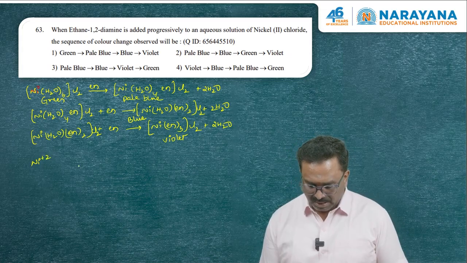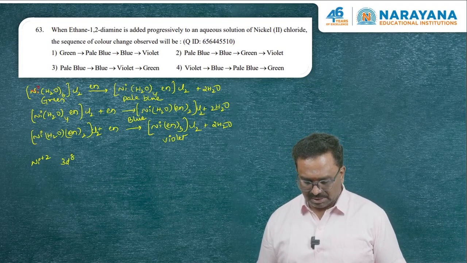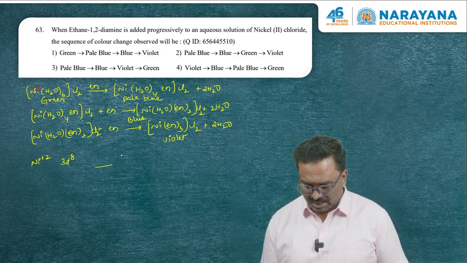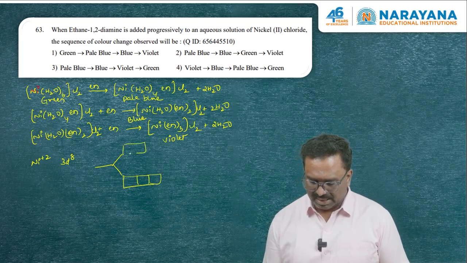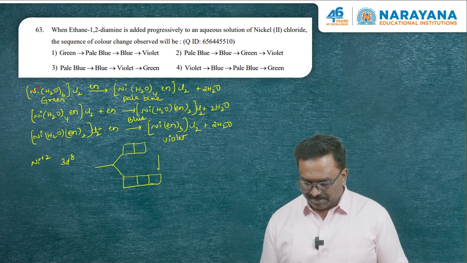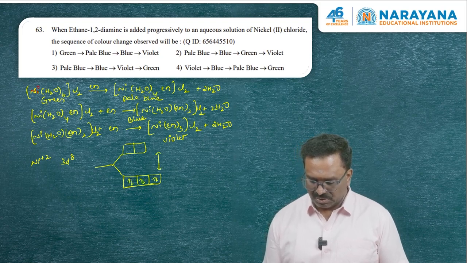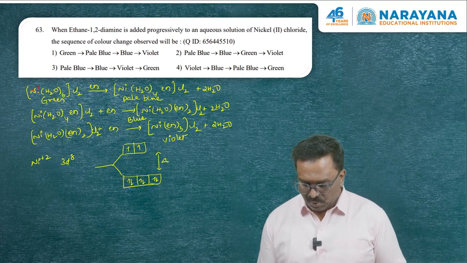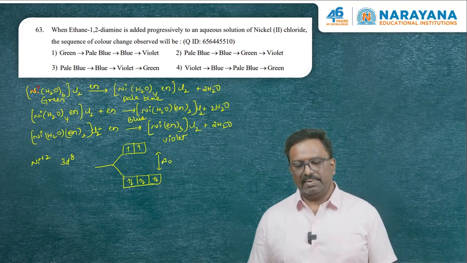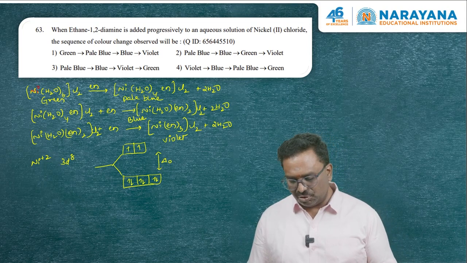The nickel which is with the 3d8 configuration in the +2 state. The splitting of this we can identify in octahedral geometry. The splitting energy for these 8 electrons, those are distributed here. The delta O gradually changes by change in the ligand.